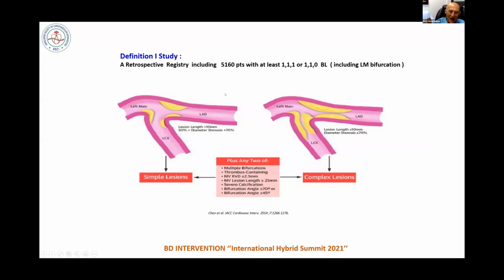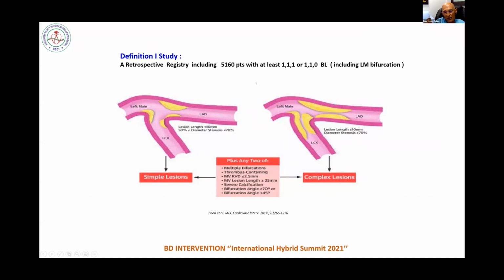So what has happened more recently, after the Definition I study, is that we now have some criteria related not only to the distribution of plaque, but also to the characteristics of plaques. That means the severity, the extension of disease, the angle, and so on, which permits us to define what is simple and what is complex.